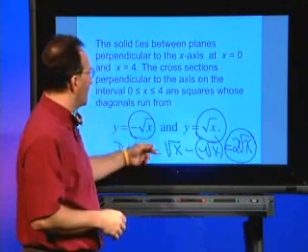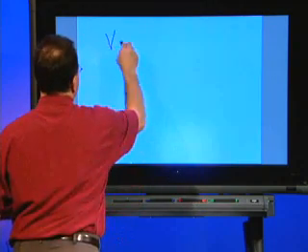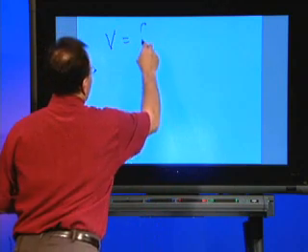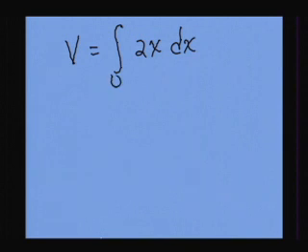So let's go and set up that integral for the volume. The volume is going to be equal to the integral of the area of the square, which we said was 2x, dx, and we know that the limits of integration are from 0 to 4.